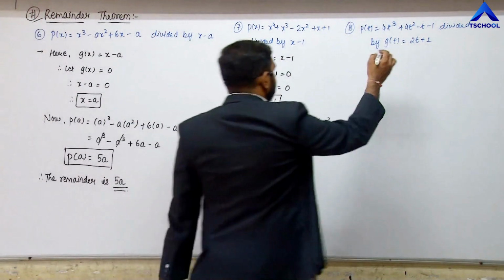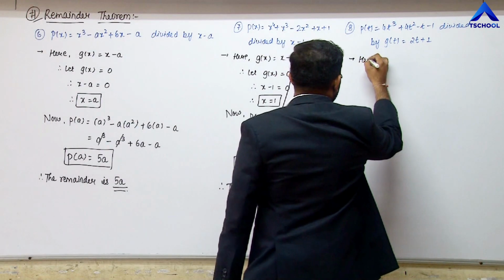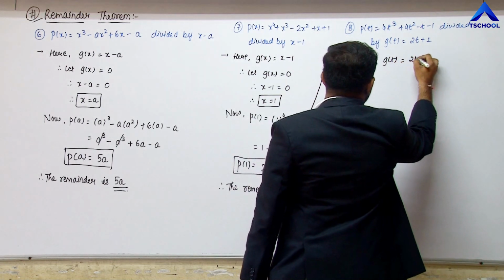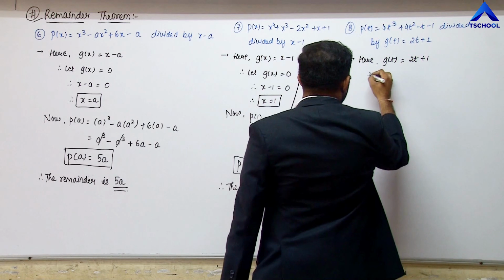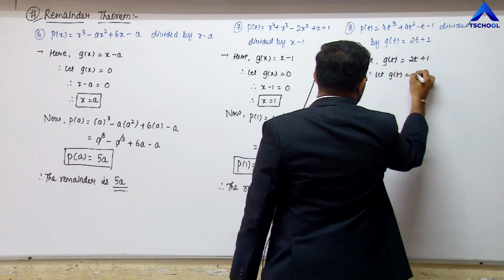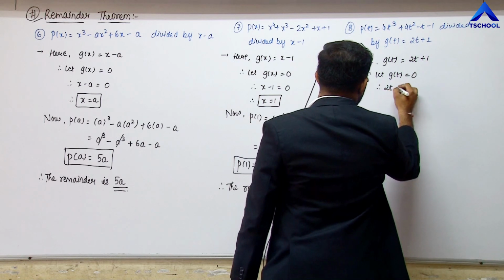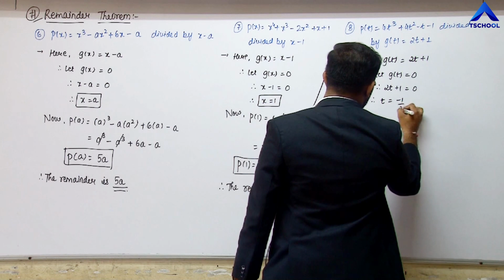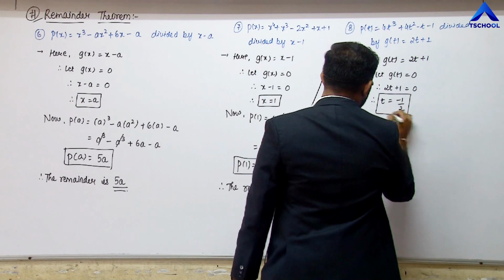The third one, here g of t is equal to 2t plus 1. Therefore let g of t equal 0, therefore 2t plus 1 equals 0, and hence t is equal to minus 1 by 2.